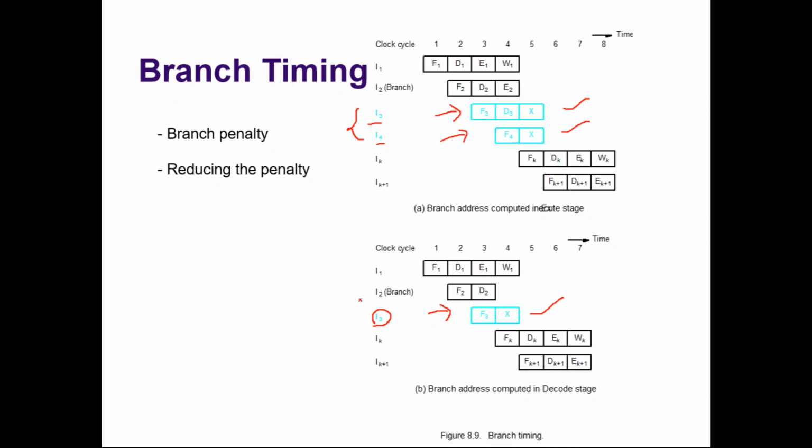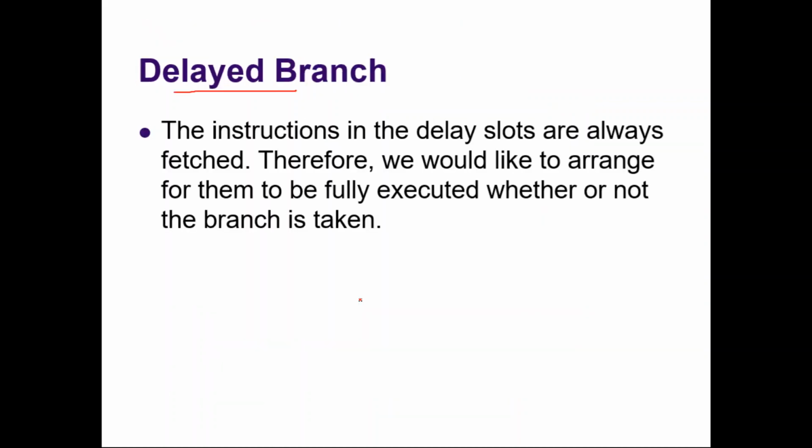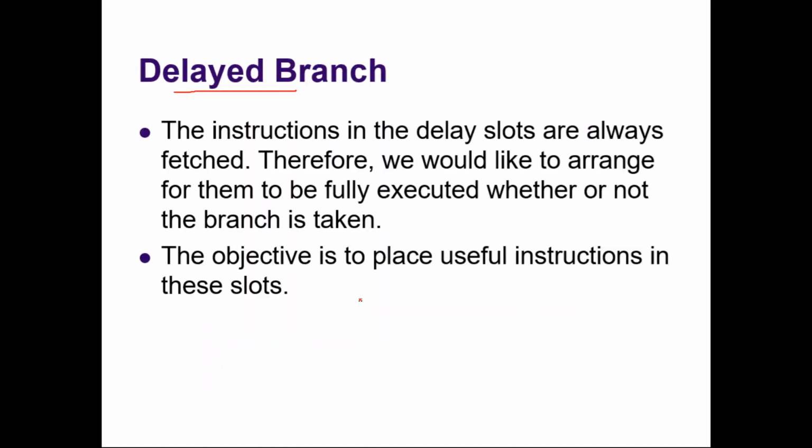So these are otherwise called delayed instructions. We are going to use a concept called delayed branch, which is connected with those delayed instructions, to reduce the impact of the stall, or to reduce the branch penalty.